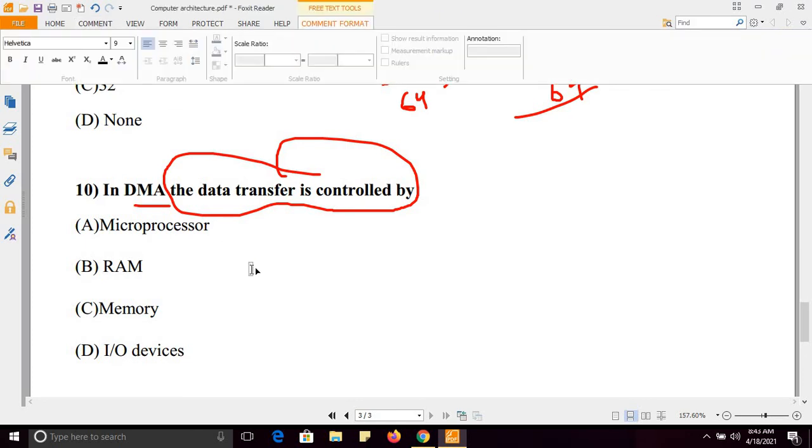What is the use of DMA? DMA allows hardware subsystems, for example input output devices, to access main system memory independent of the CPU.